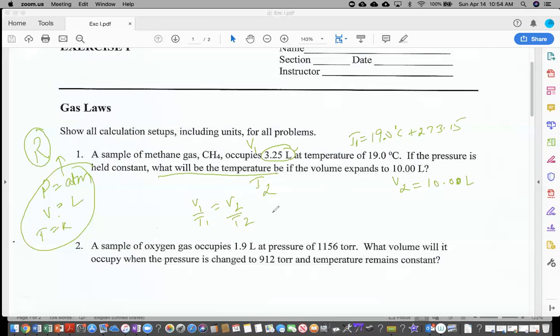You can take T2 up here, and then T2 equals V2 times T1 over V1. Once you multiply V2 and T1 and divide by V1, you get the final temperature, and that's what we want, T2.